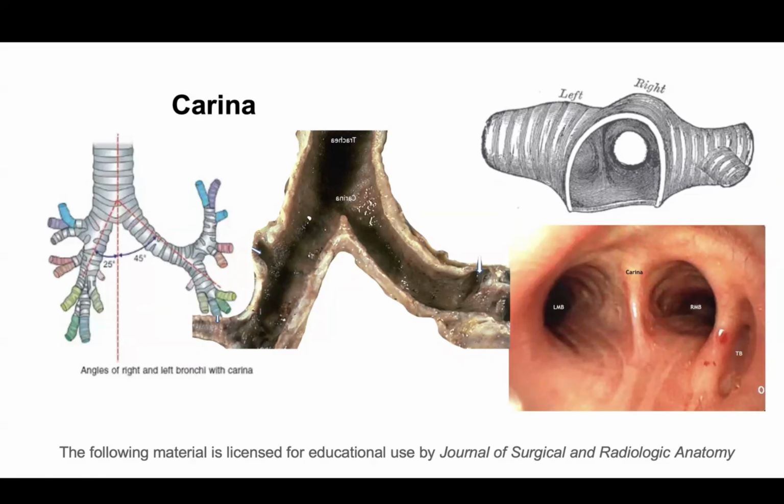The left is narrower and longer, and it's at an angle. Now, why might it be? There's a clinical implication for this. Foreign bodies that are accidentally aspirated tend to go into the right main bronchus because of the steeper angle. This is why right-sided pneumonias from aspirations are more common.